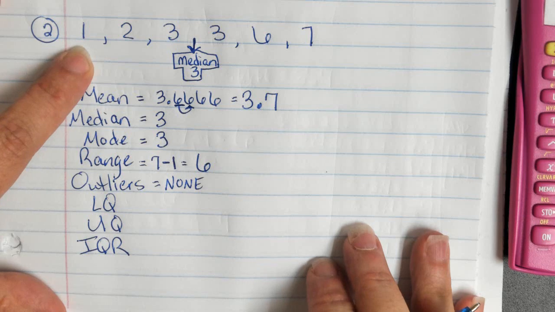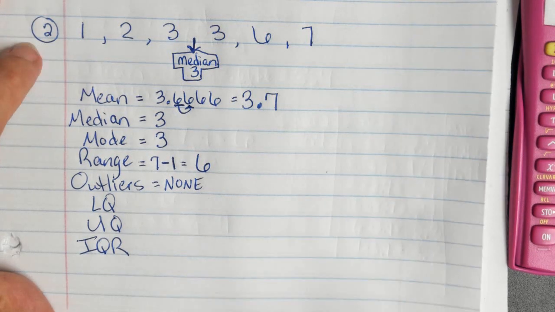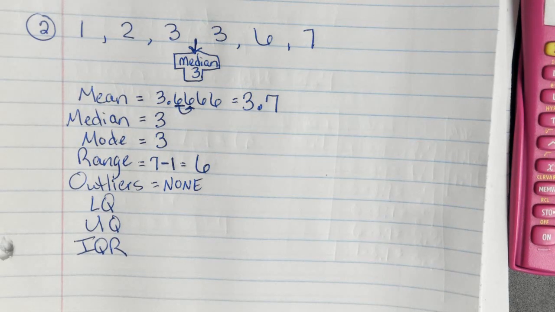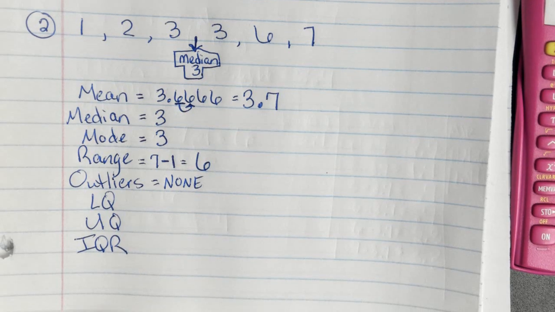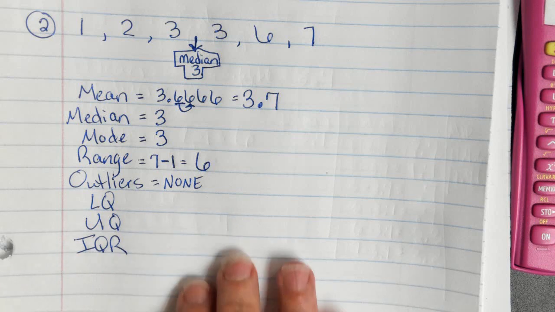Okay. Now, this is the last question y'all were asking me, was where the LQ, UQ thing is. Guys, you should all have this written down. If I'm on number 2, you're on number 2. Okay, LQ. It is on my lower numbers, past the median.